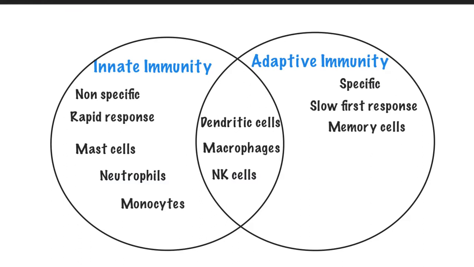And finally, in adaptive immunity, we see B cells, and T cells can be cytotoxic T cells and helper T cells. I hope that this two-part series helped you to clear up the difference between innate and adaptive immunity.